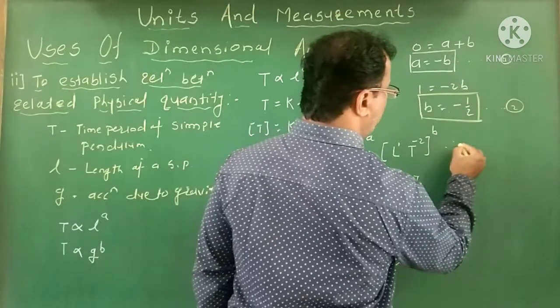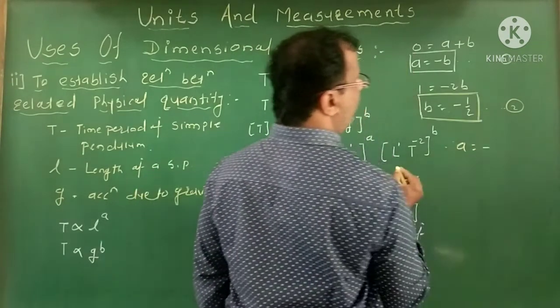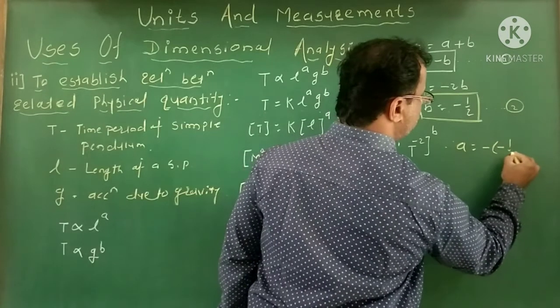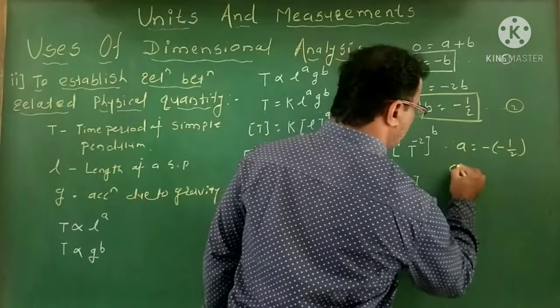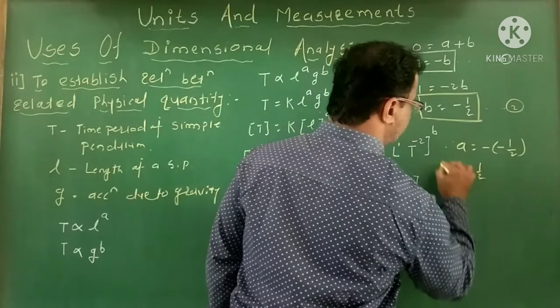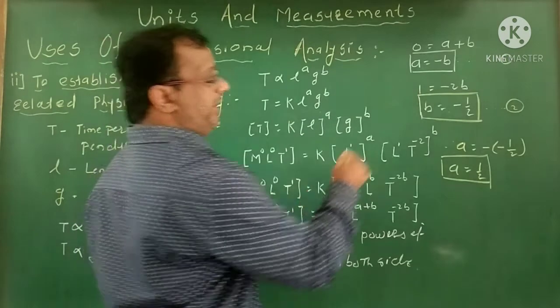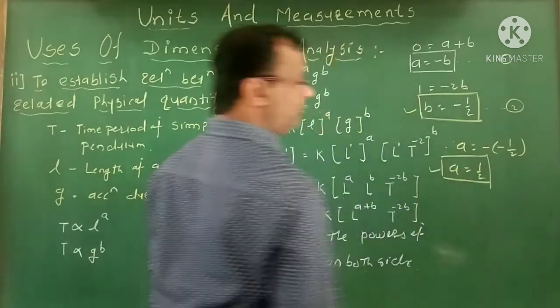Therefore the value of a is equal to minus b, and the value of b is minus half. So minus minus gives plus, and a is equal to simply half. Right? It means we get the value of b, and again we get the value of a.